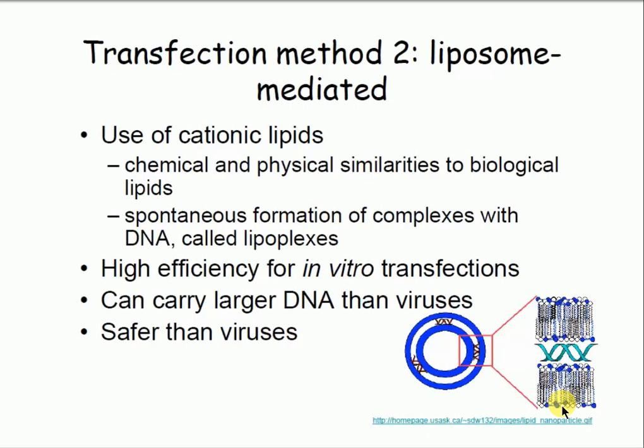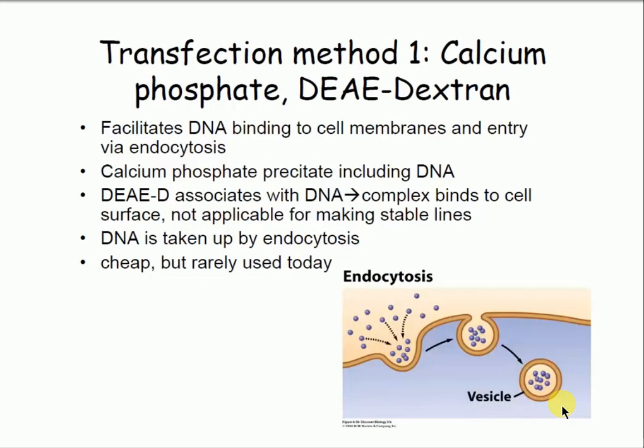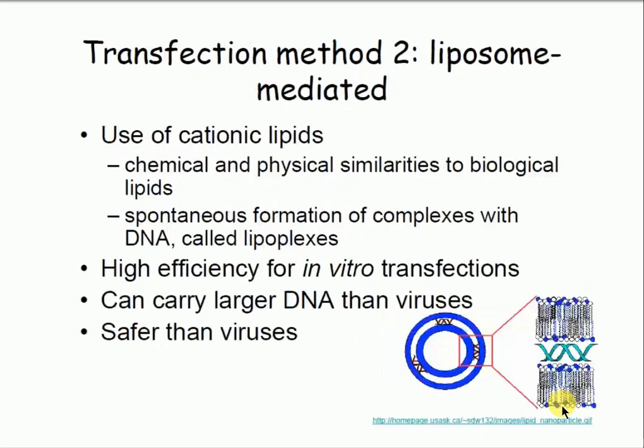So they have very similar properties, chemical and physical, to biological lipids. They form spontaneous complexes with DNA. So if you mix these lipids and DNA in water, then you can form little vesicles. And they're obviously very high efficiency for transfections, because these lipids, like before, will fuse with the cell membrane because it has the same biophysical properties, and then release the DNA into cells.